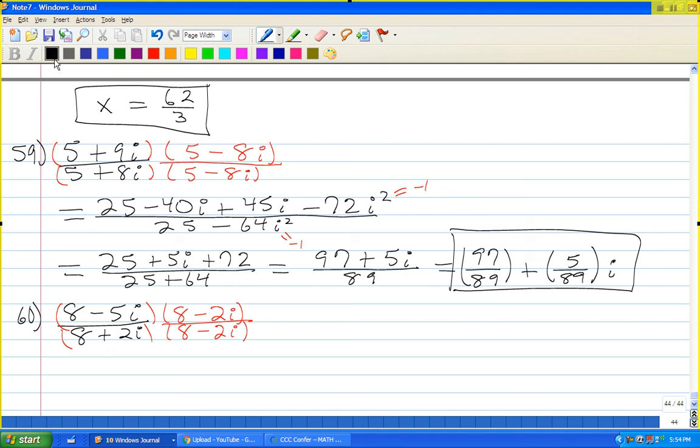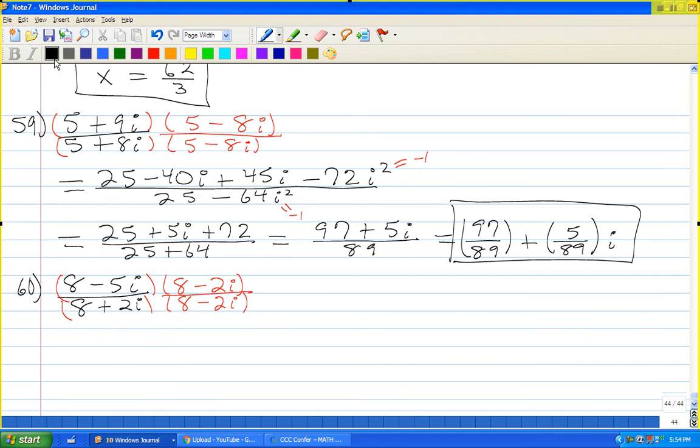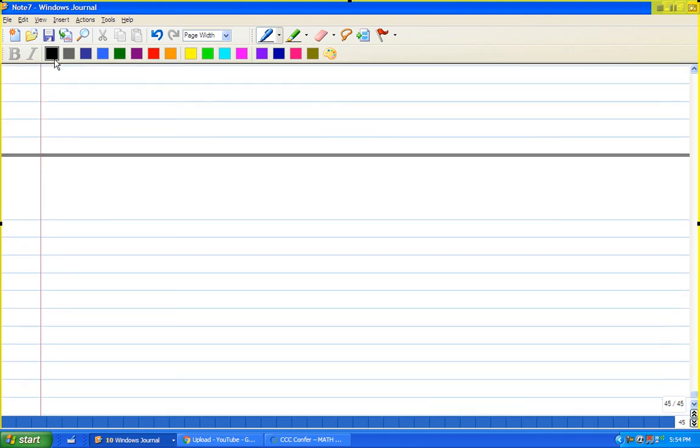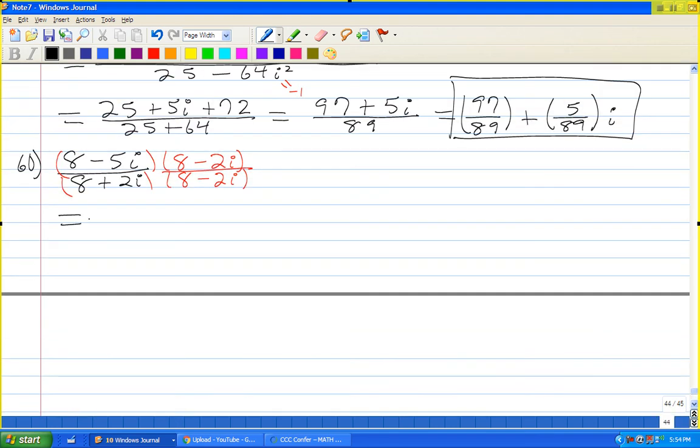So I get 8 times 8, 64. There it is. 8 times minus 2i, minus 16i. Negative 5i times 8, negative 40i. Negative 5i times negative 2i, 10i squared.